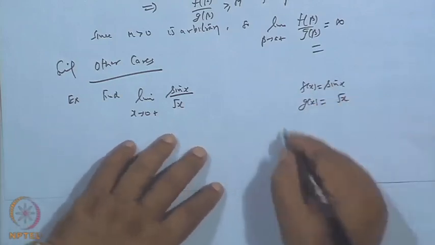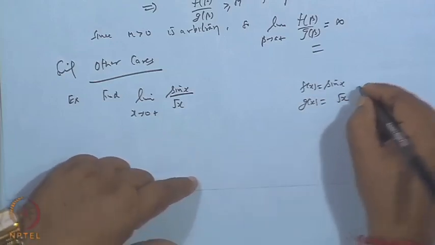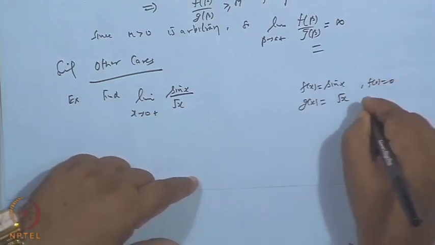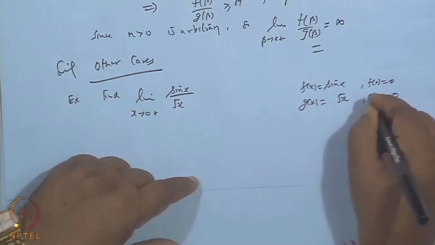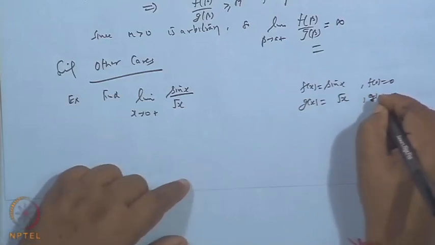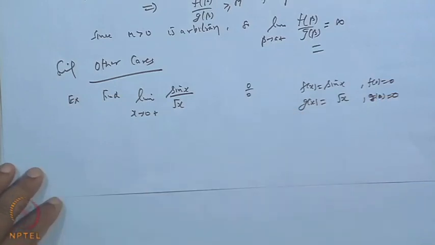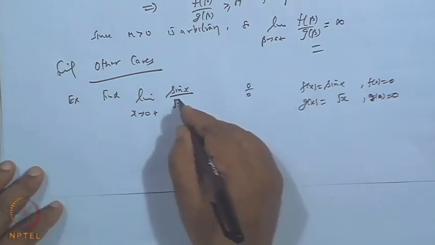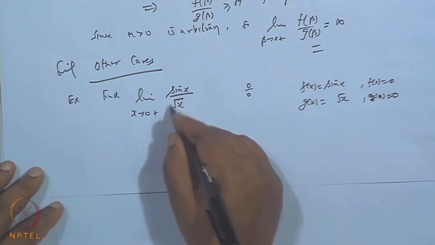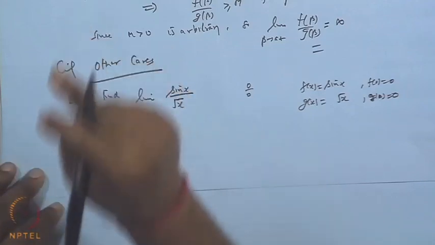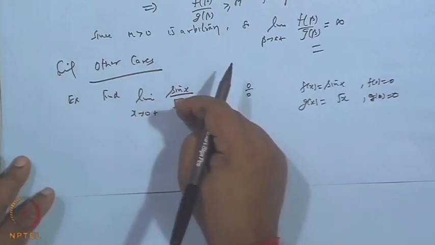When x tends to 0, f of 0 is 0, g of 0 is 0. So, when you take the limit, it comes out to be the 0 over 0 form, but root x is not differentiable at 0. So, the first theorem which we have shown will not be applicable.